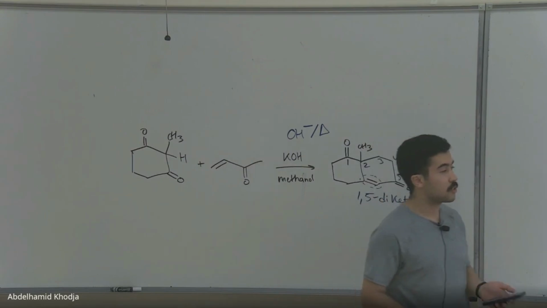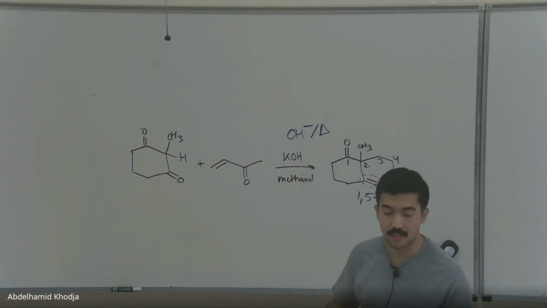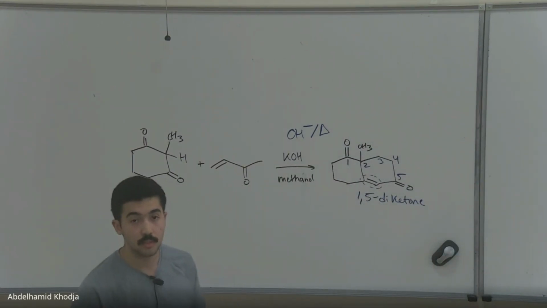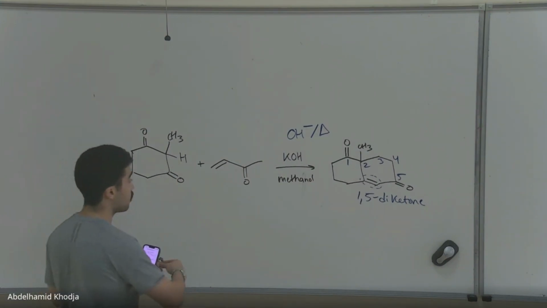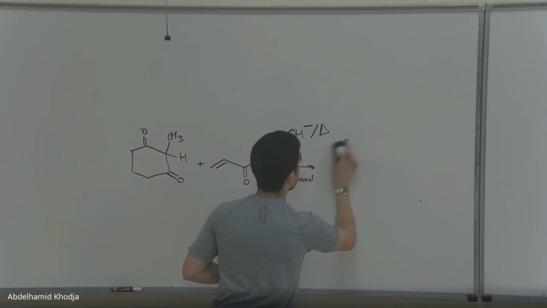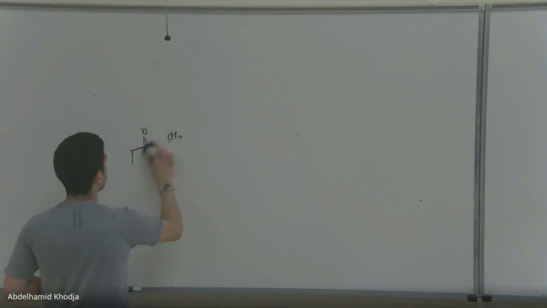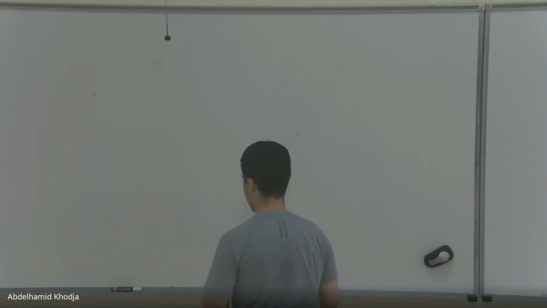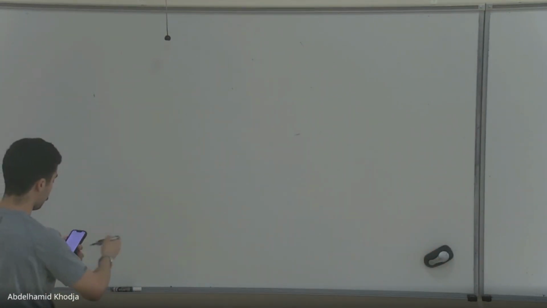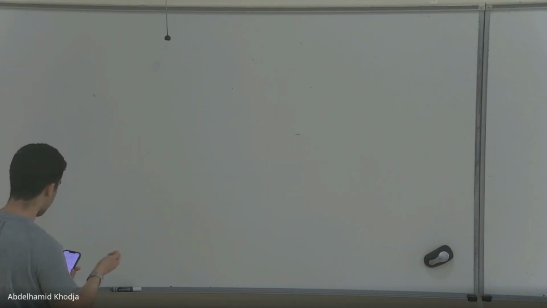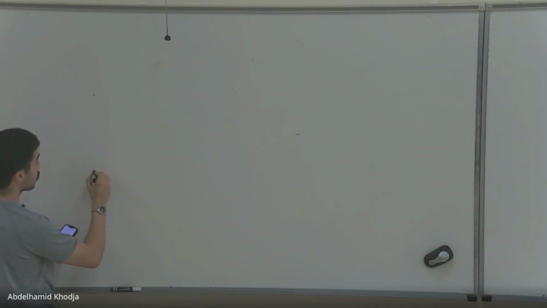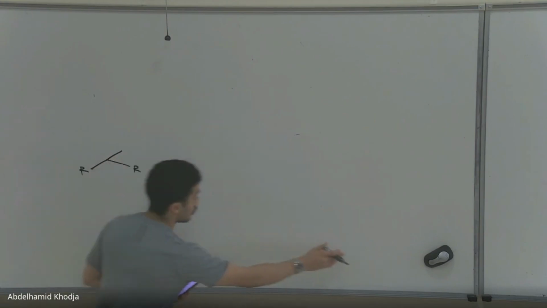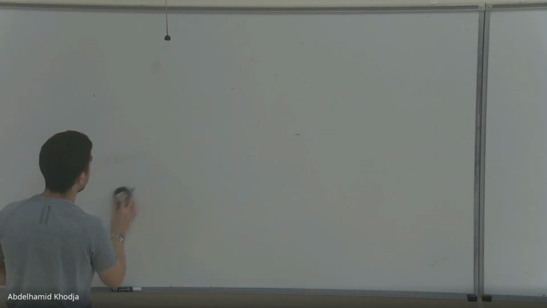Raney nickel is just a special preparation of a nickel catalyst for hydrogenation. When we use it with BF3 and thioacetal, let me erase this. Okay, so just R. Let's just take our ketone over here.